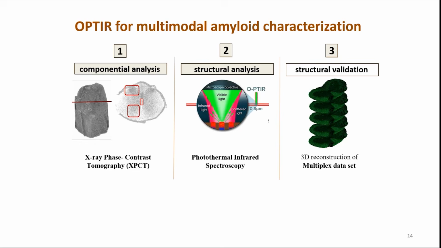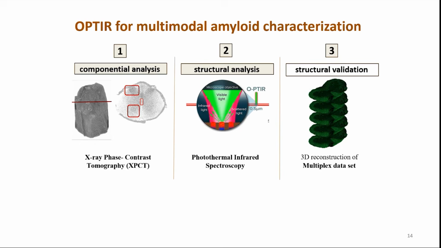With infrared spectroscopy, we look at the distribution of amyloid plaques in a really big area in all sections.